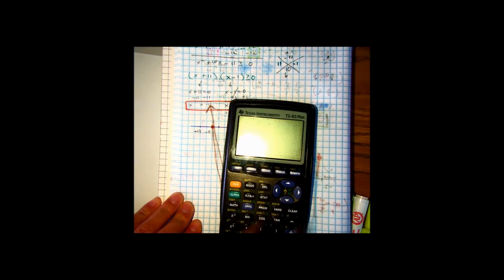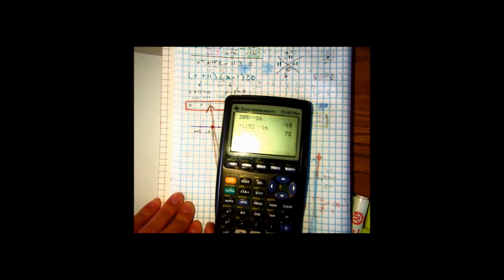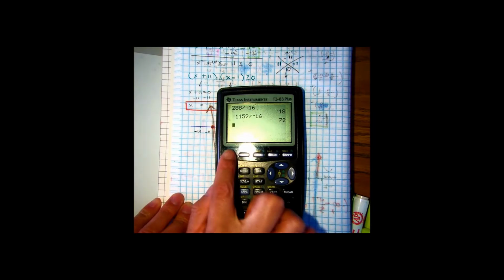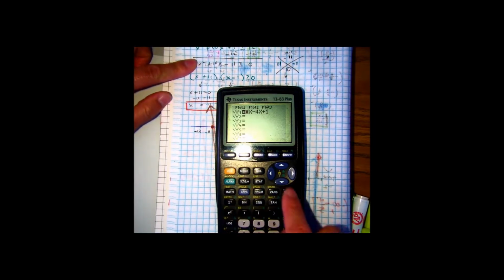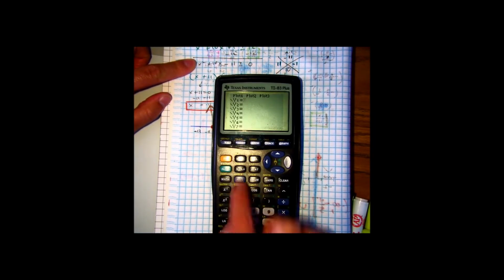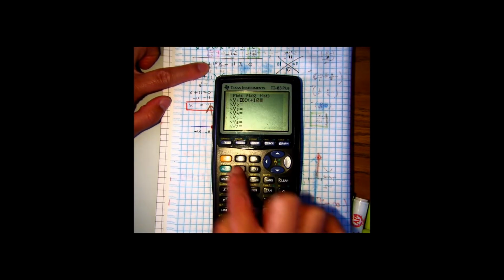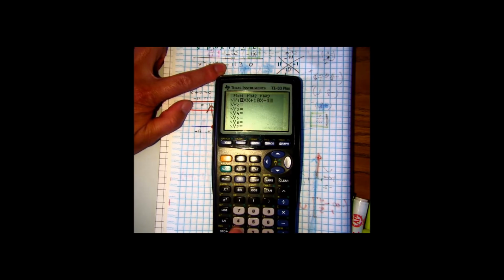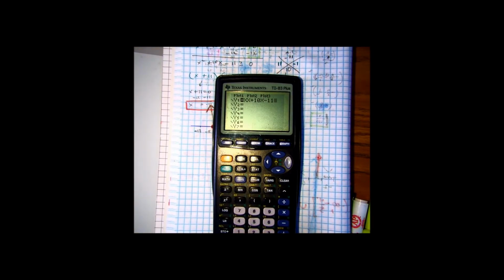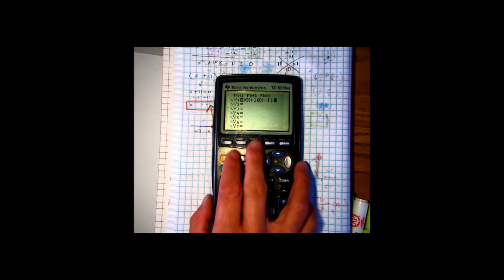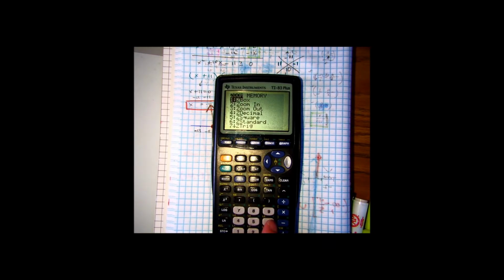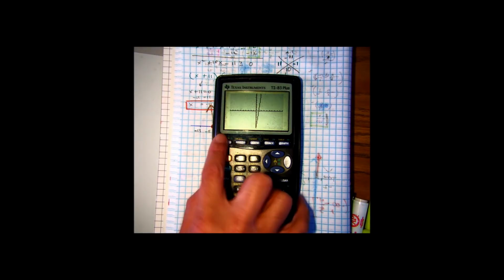Yesterday we learned on our graphing calculator, you can put this into your y equals. Clear x squared plus 10x minus 11. You can go to zoom 6. Uh-oh, what happened?